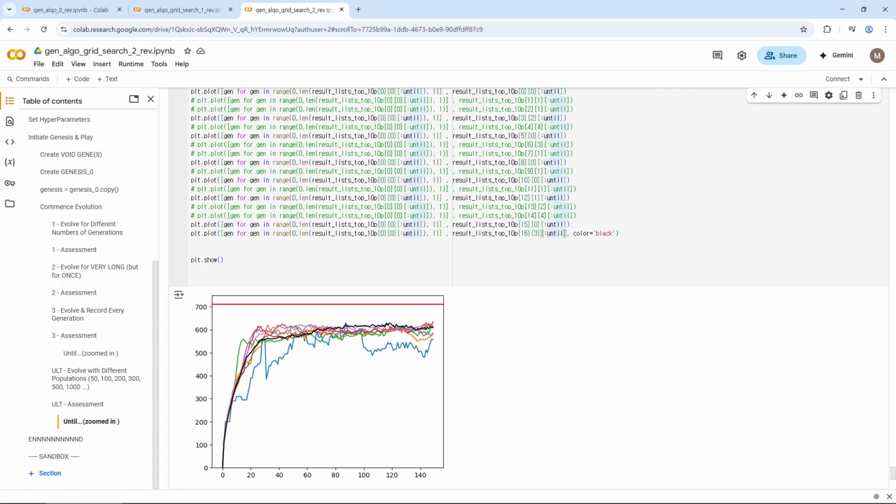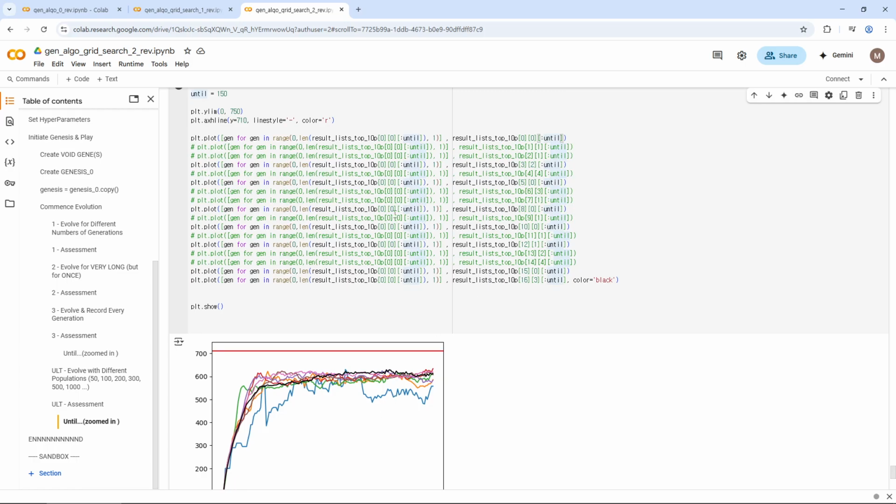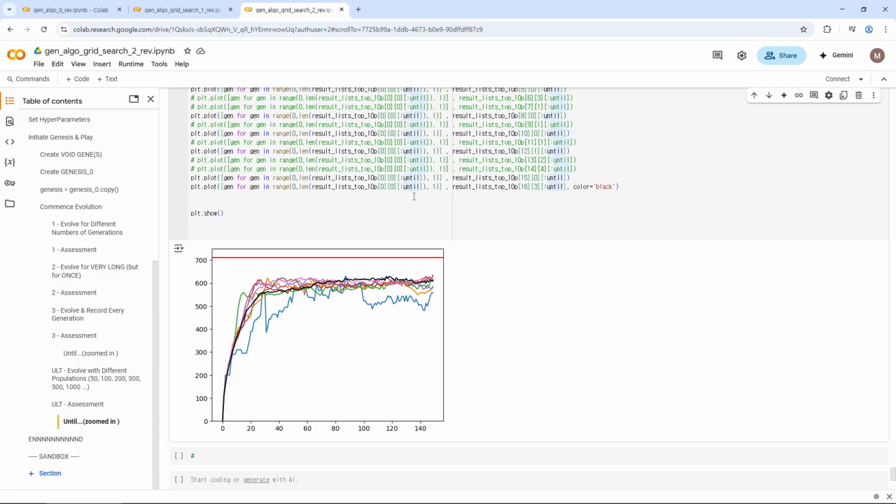Same story for the brown one, same story for the orange one, and they are all more volatile, as they just fluctuate more. They're more volatile because the differences between these ups and downs are bigger. Whereas for the black one, they're quite stable. They go up, come down a bit, but the differences are very small compared to the other ones. The blue line is for population size 50, and it is terrible.